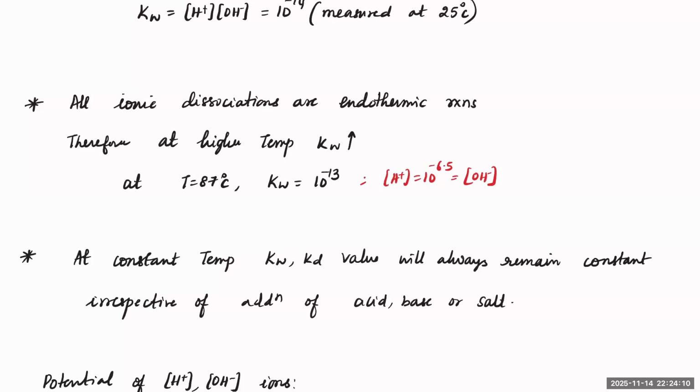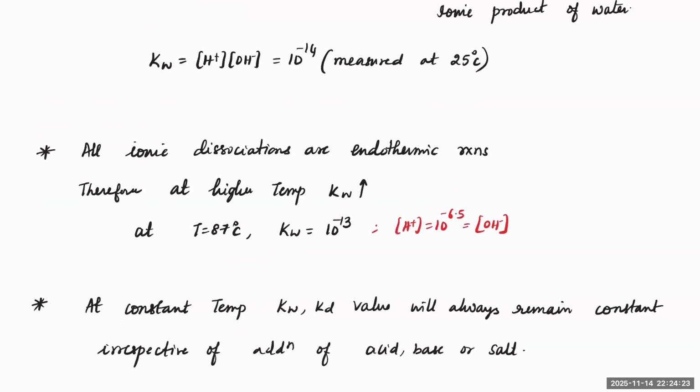Therefore, if you measure the ionic product at 87 degrees, it is found to be 10^-13. Earlier, H+ and OH- concentrations were equal in water, so taking X into X equal to 10^-14, the concentration of H+ equals the concentration of OH- equals 10^-7 at 25 degrees centigrade.